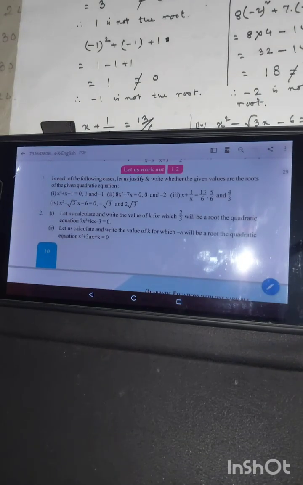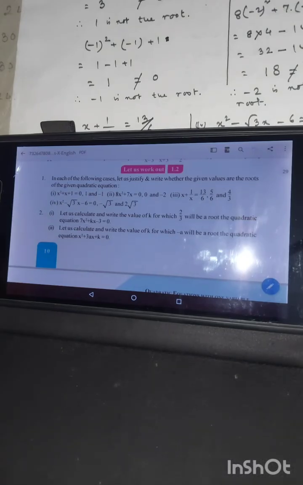Roman 1 says, let us calculate and write the value of k for which 2 by 3 will be a root of the quadratic equation 7x square plus kx minus 3 equal to 0. So we have to find out the value of k when 2/3 is one of the roots of this quadratic equation.